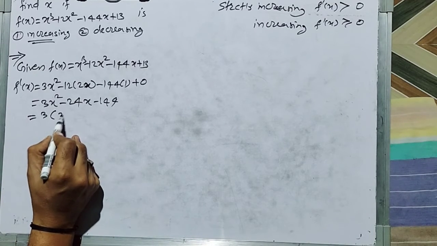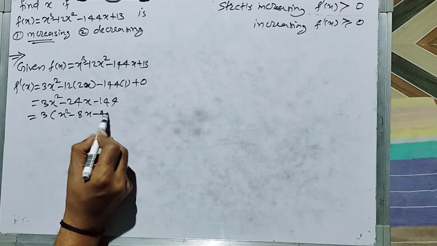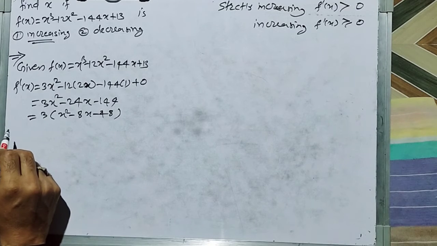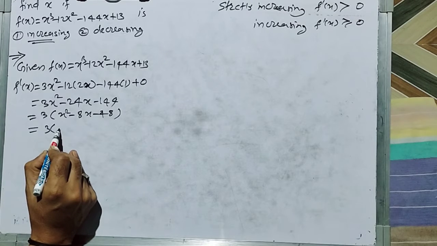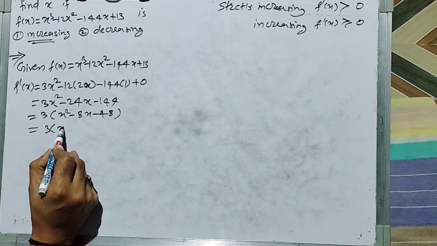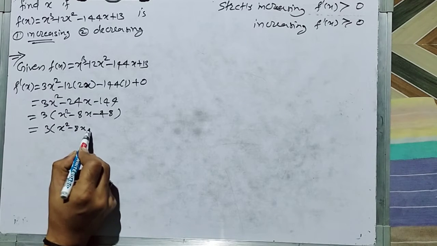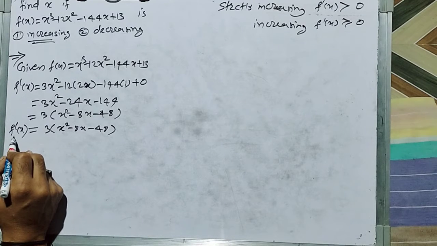It means here x square minus of 8x minus of 48. So which is simply equals to 3 into x square minus of 8x minus of 48. So this value is f dash of x.